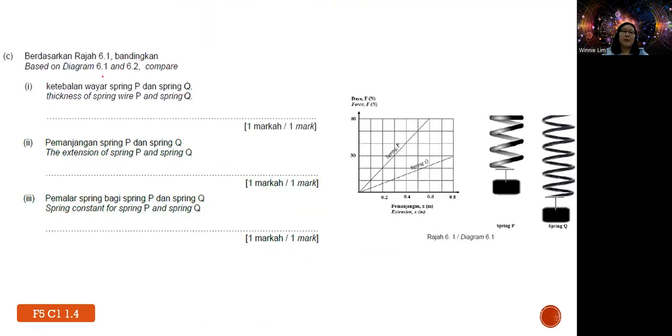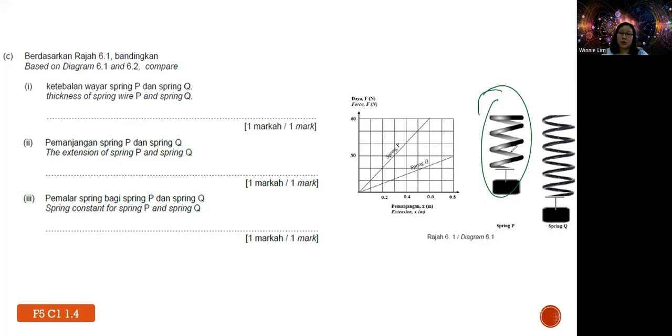Okay, again, comparison question. Based on 6.1 and 6.2, compare the thickness of spring wire P and Q. Based on this diagram, obviously, who is thicker? Spring P is thicker. Then extension-wise, since it is thicker, that means it's harder to extend, correct or not?